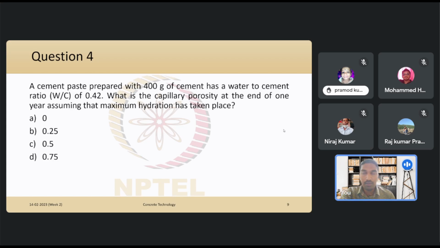Right, so the question is, you have to find out the capillary porosity given that the water to cement ratio is 0.42 after hydration has completed for 1 year, right? So assume that maximum hydration has happened.